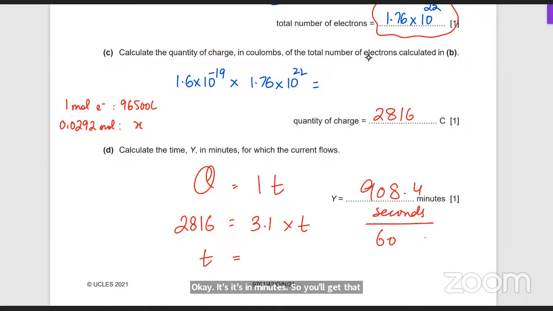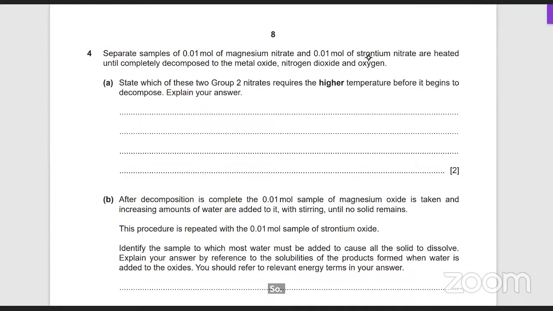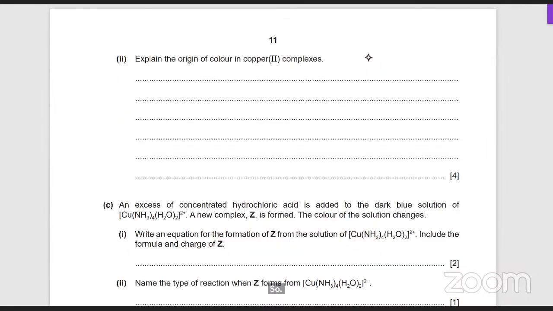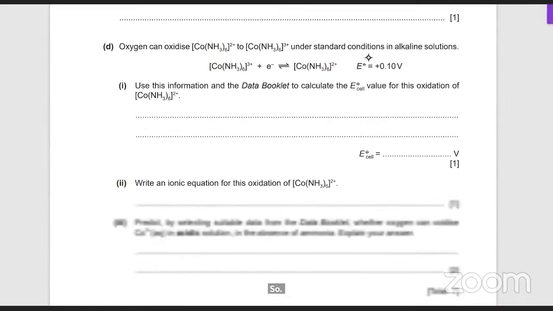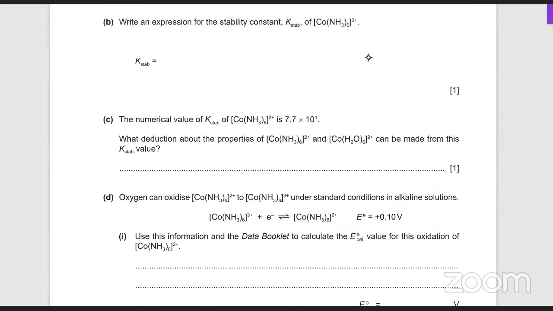Which other question is there? Sir, case C of this one. Okay, case C: the numerical value for K_stab of this is given. What deduction about the properties of Co(NH3)6 and Co(H2O)6?